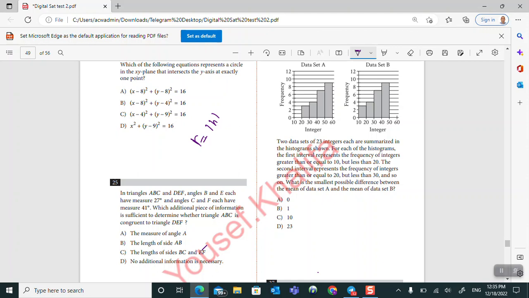So in the first equation, the center is 8 and 8, and the radius is 4. Take the root of that, same for the others. In the second equation we have the center 8 and 4. Notice that h is the x coordinate of the center. We have here 4 and 9, and that's 4.